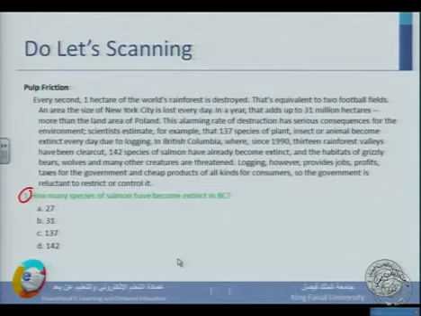Do I need to read the whole paragraph? No. You need to look for the numbers, and you need to look for something about the species of salmon, because the question is about species of salmon. Now, number 27. You can find it here. Now we use scanning. For example, number 27.